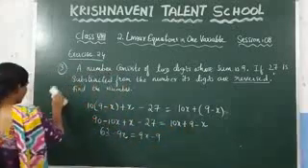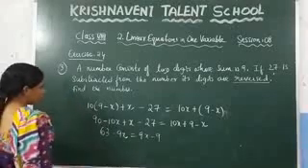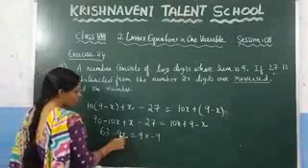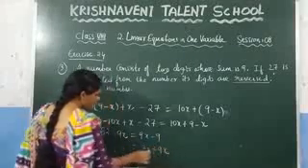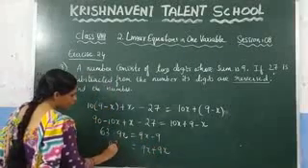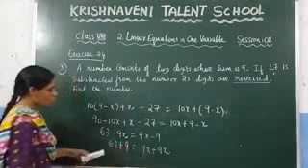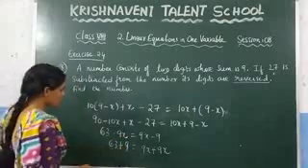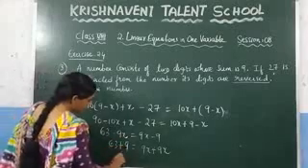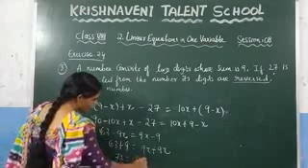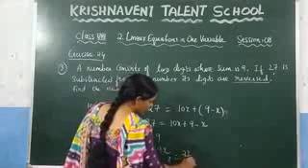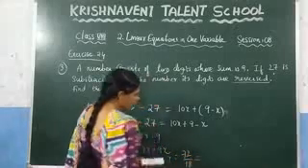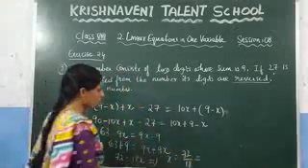Now you can take all the numbers to one side and all the variables to the other side. If you take this minus 9x to that side, it will become plus 9x. Similarly, if you take this 9 to this side, it will become minus 9. What is the value of 63 plus 9? It is 72, equal to 18x. Then the value of x is 72 by 18.